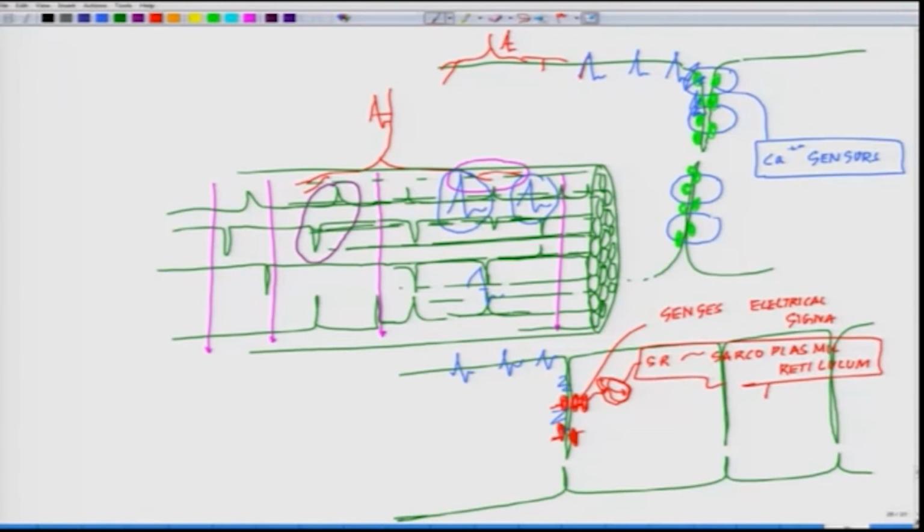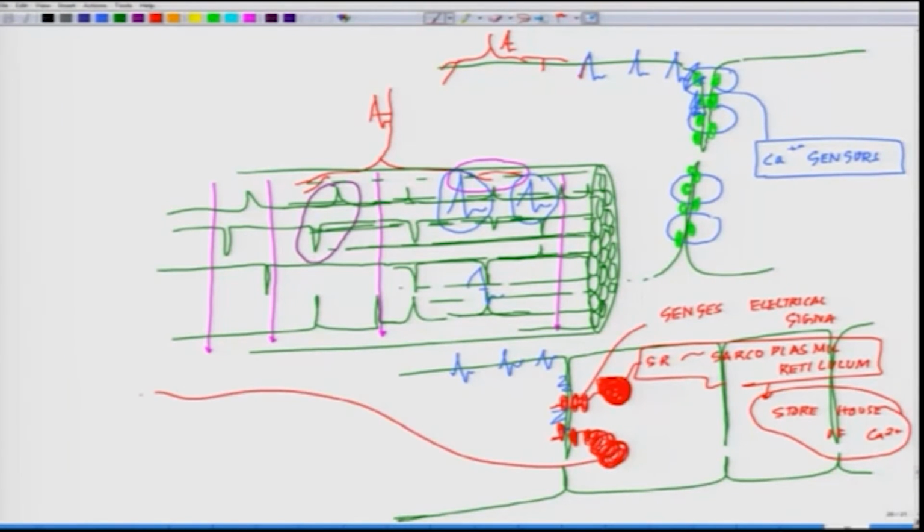Sarcoplasmic reticulum is a storehouse of calcium. Okay. Sarcoplasmic reticulum is the house of calcium which is sitting there. Like this. So, this is the storehouse of calcium.